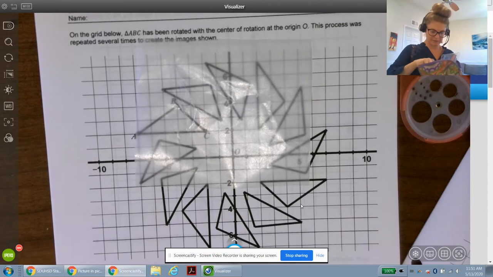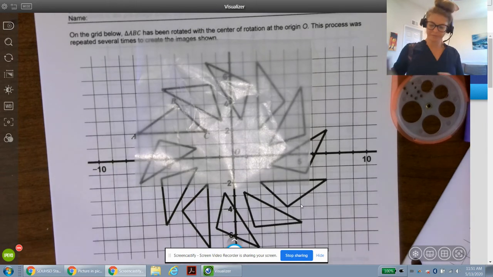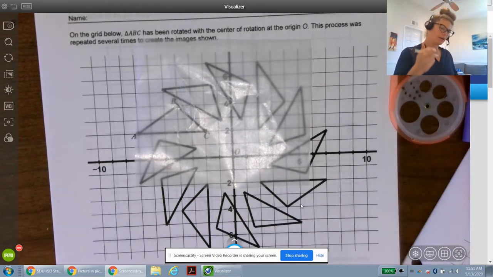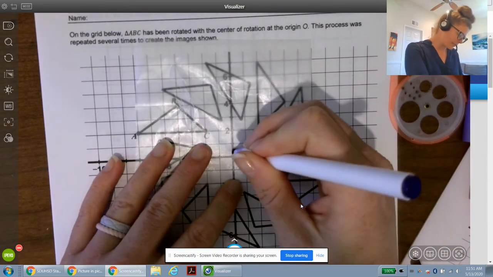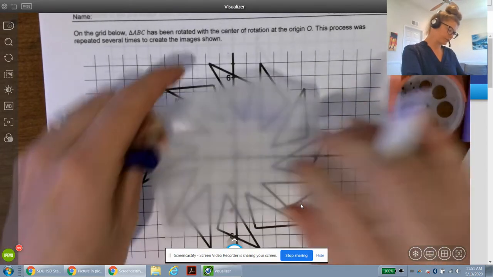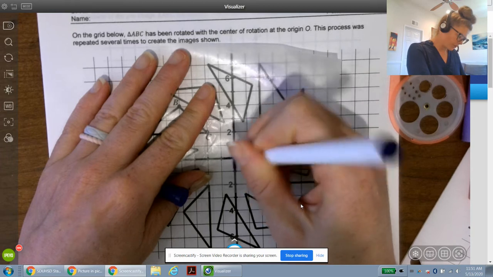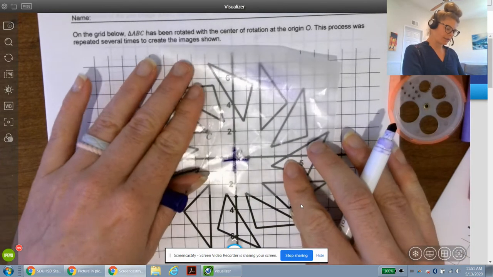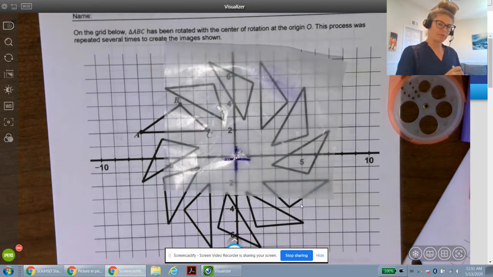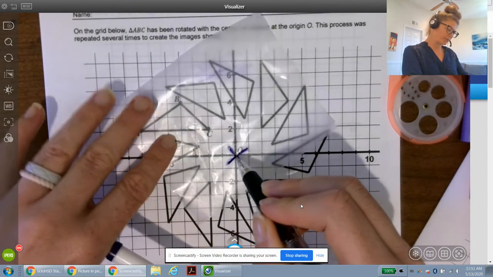sometimes a marker does a better job with this showing up for me on my dock camera. Something that's important when we're tracing and using our tracing paper is you're always going to want to notice where your origin is, where your center of rotation is. That way we'll be able to keep the center there as we rotate around.